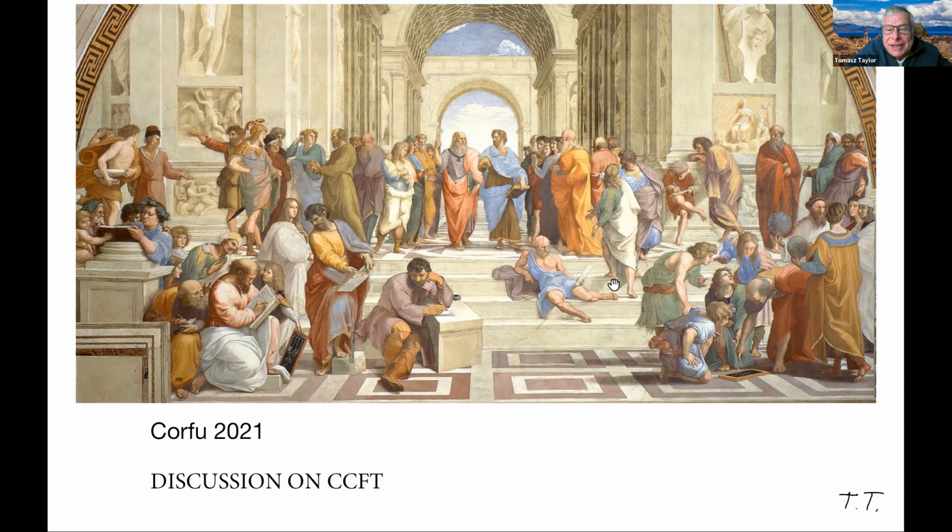Interestingly enough, at the center, you have Diogenes, the cynic, who's a famous, rather extravagant philosopher. This is actually a fresco, which you can see in the Vatican Museum. It was painted by Raphael around 1510. And so we ask how it is related to what I'm going to say.